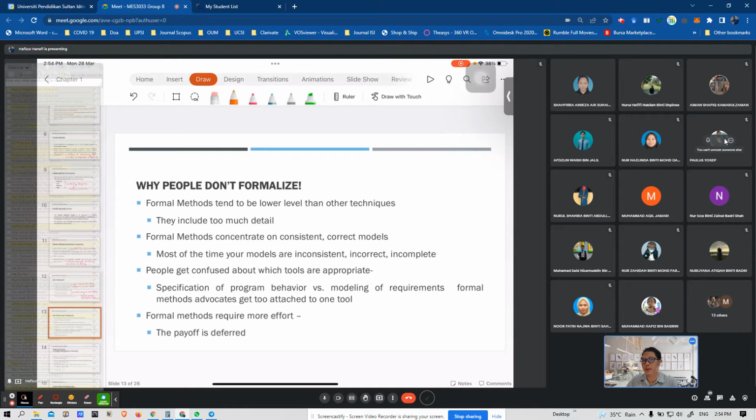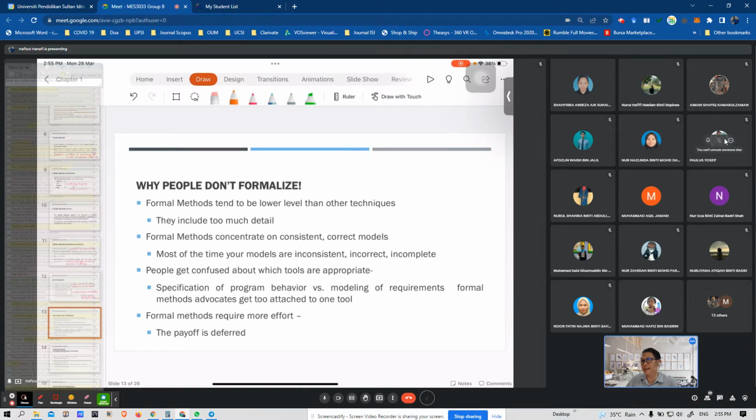That's why we have to use simple modeling techniques. And then some people get confused when talking about the tools that are appropriate for the modeling and also appropriate for the behavior of the system, because one system cannot match another system. This is different based on the requirement of the system. Okay, and then formal methods require more effort.